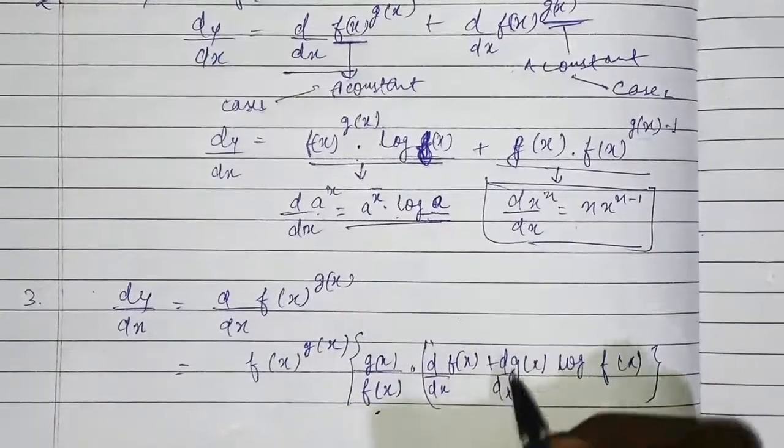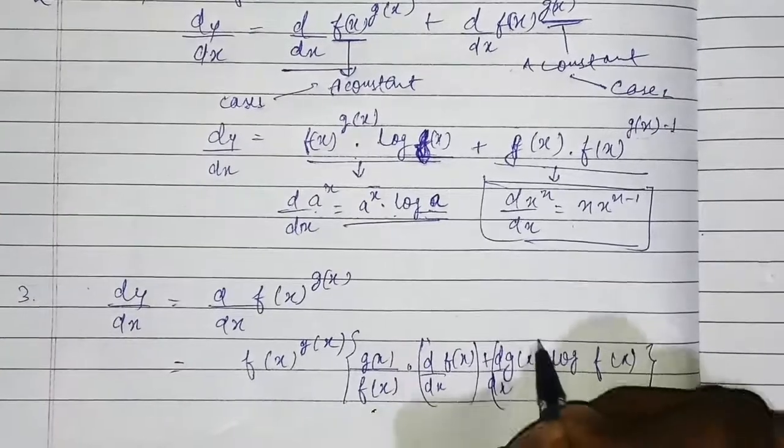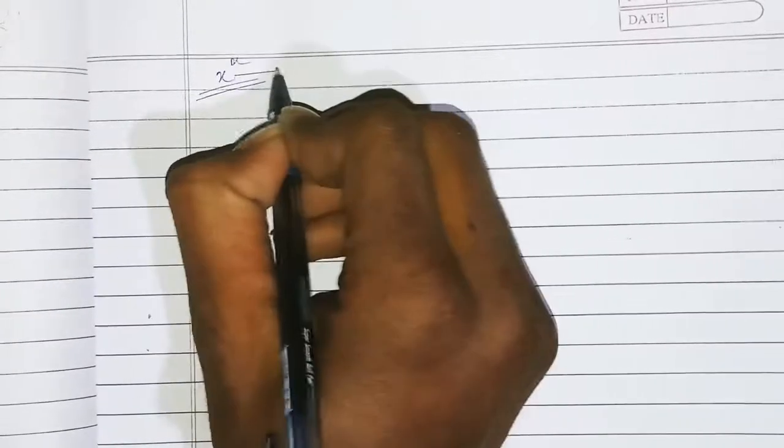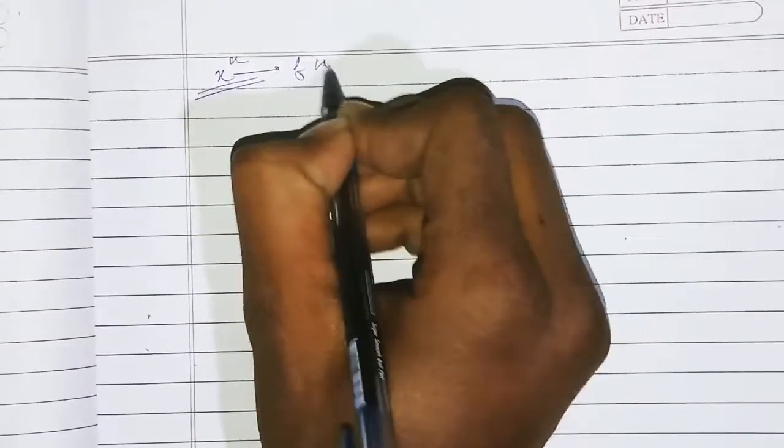Now I am going to show you an example. For example, let's take x to the power x. Let's treat this x to be f of x and this x to be g of x.